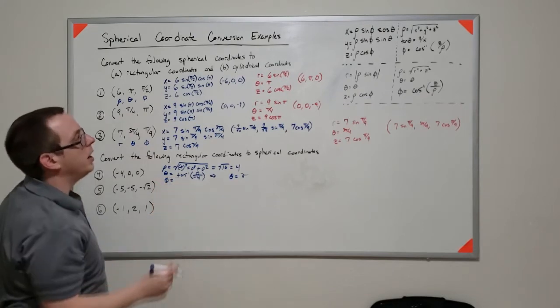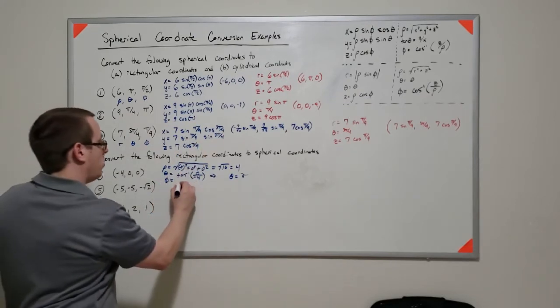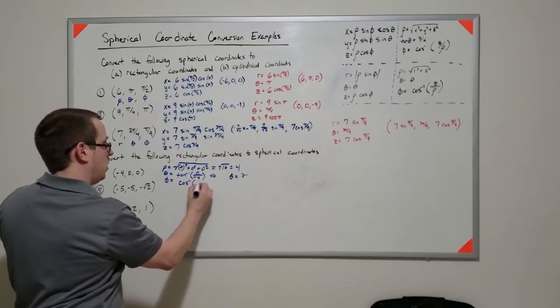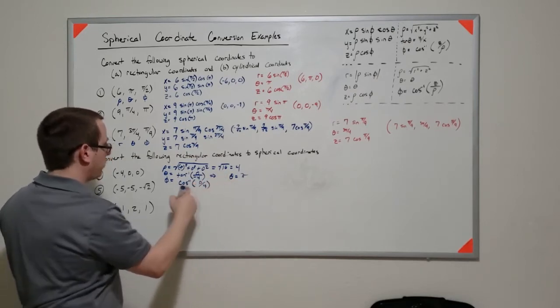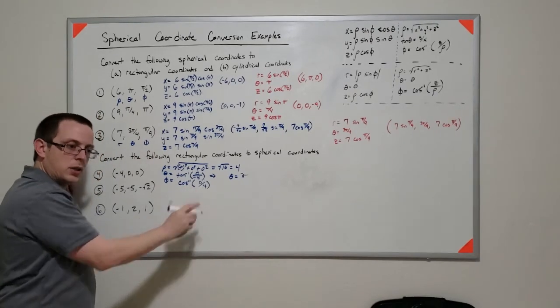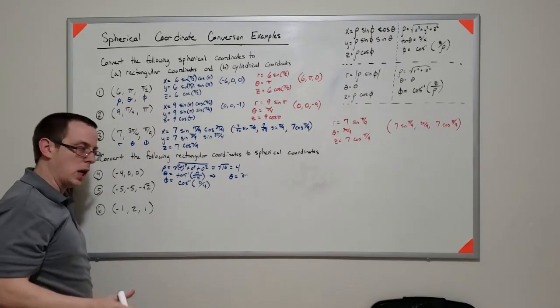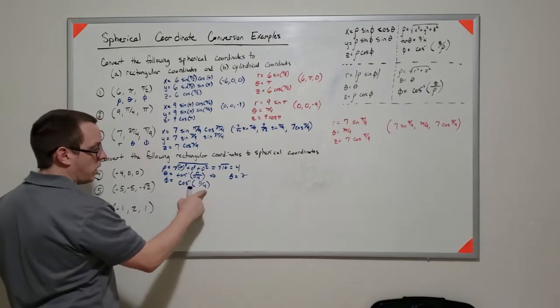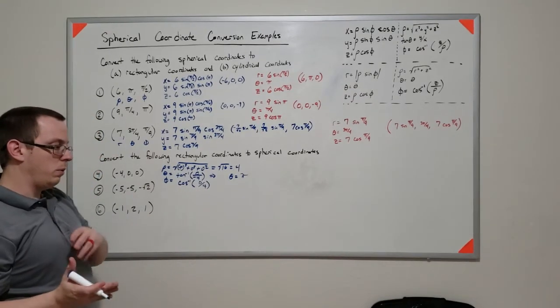And so then phi here is the arc cosine of 0 over 4. Now in this particular case, cosine doesn't care about that, because cosine is an even function.